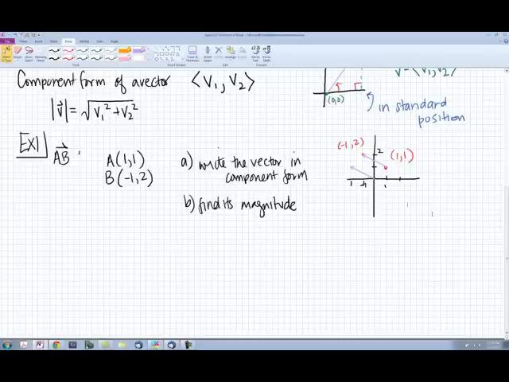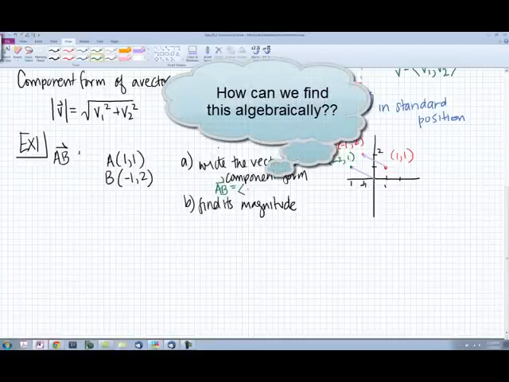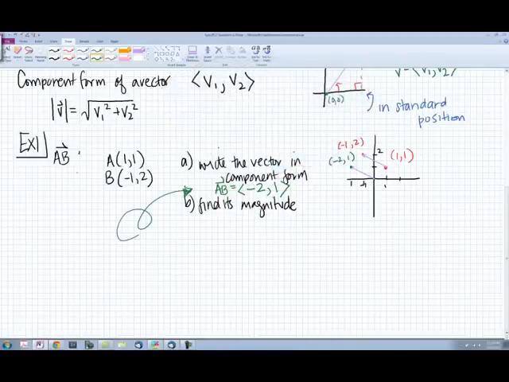Well, it's pretty easy to see with how I've sketched it. It's going to end up over here at (-2, 1). So we would say that vector AB in component form is <-2, 1>. Calculate terminal minus initial. So that would be negative 1 minus 1 and 2 minus 1.